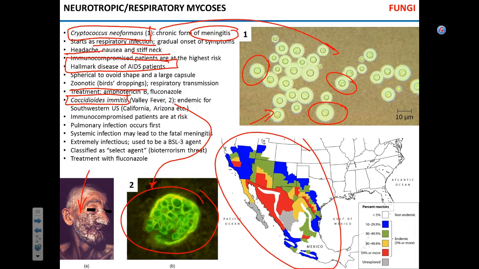This is the distribution of Coccidioides immitis in the United States and Mexico. You can see that it's very much endemic. It's present in a very specific region, in the Southwest. The interesting feature of Coccidioides immitis is that it's extremely contagious. And due to this contagiousness, it was a BSL-3 agent and was classified as the select agent. Now, I don't remember if I used this expression, the select agent.